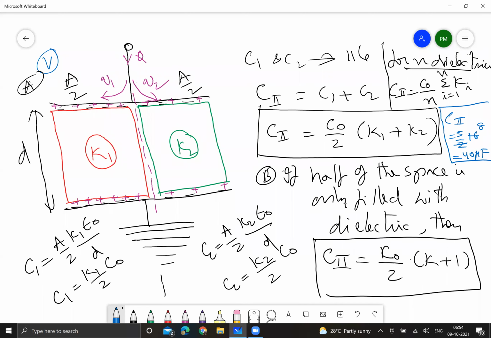Same values I took, whatever we did for the earlier arrangement. C0 is 5 microfarads, K1 is 12, K2 is 4. So if I do that, I'll be getting 40 microfarads as the equivalent capacitance.